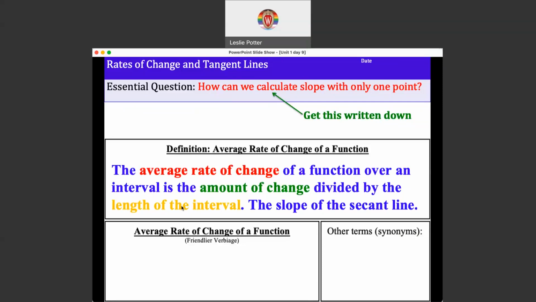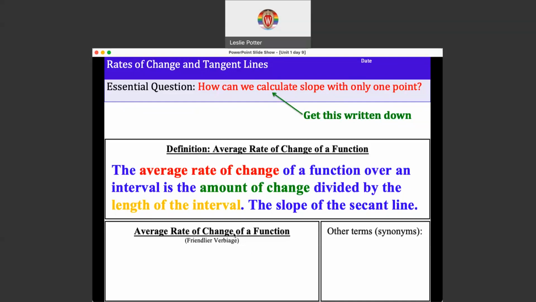So the length of the interval is the difference in the x coordinates. The amount of change of the function is the difference in the y values. So the difference in the y values divided by the difference in the x values. That should sound familiar. We also call that the slope of the secant line. I'll get back to the word secant in just a minute.